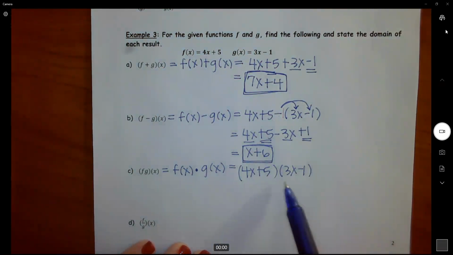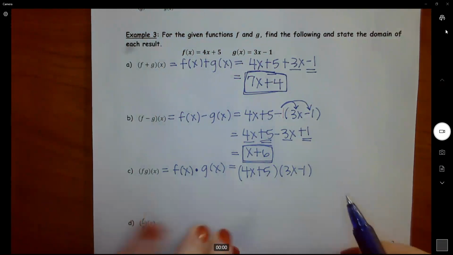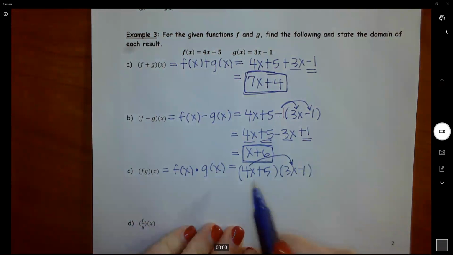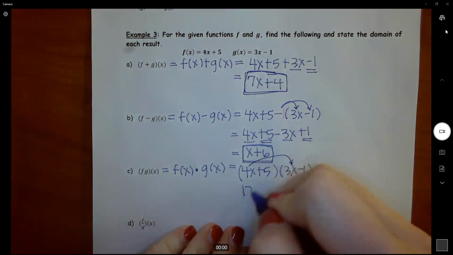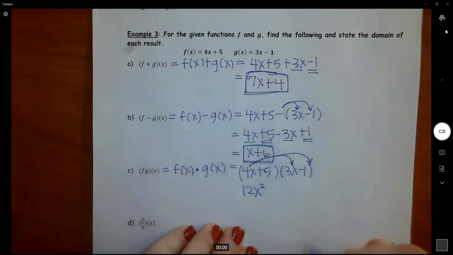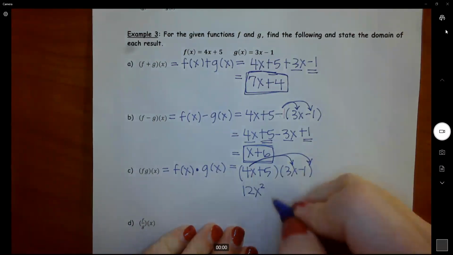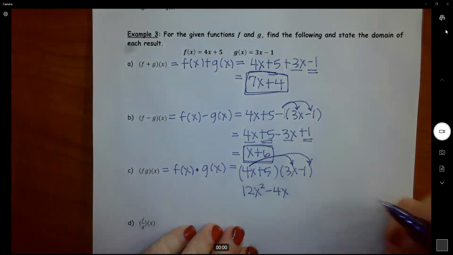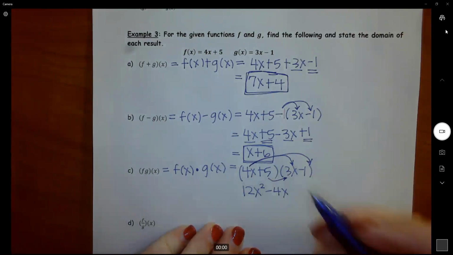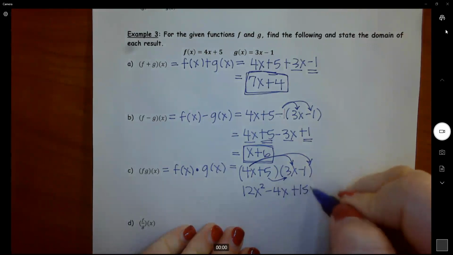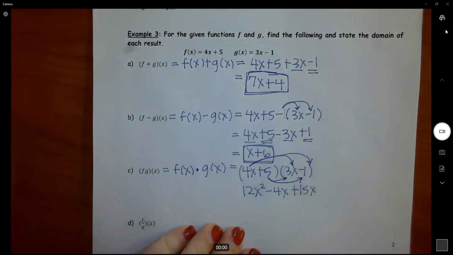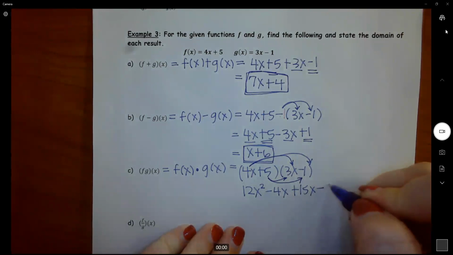We have two binomials, and when we multiply two binomials, we are going to FOIL, which is first, 4x times 3x gives me 12x squared. My outer, 4x times -1 is a -4x. My inner, 5 times 3x gives me 15x. And then my last, 5 times -1 is -5.